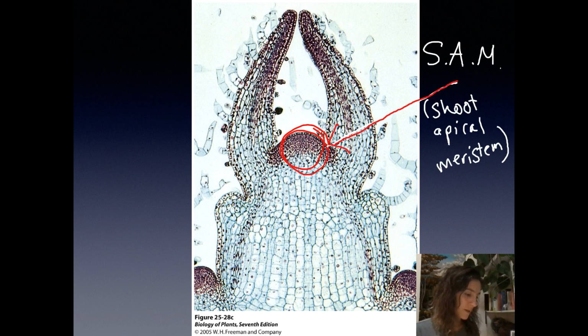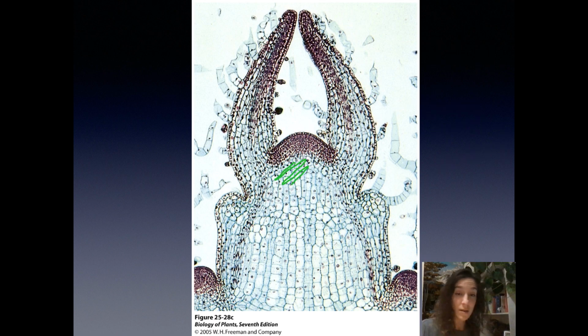All right. We've got a few other tissues that we can label on this. Immediately after the shoot apical meristem starts dividing and producing cells, it produces essentially 3 layers. Let's start with the innermost layer. Everything I'm labeling here in green is ground meristem.